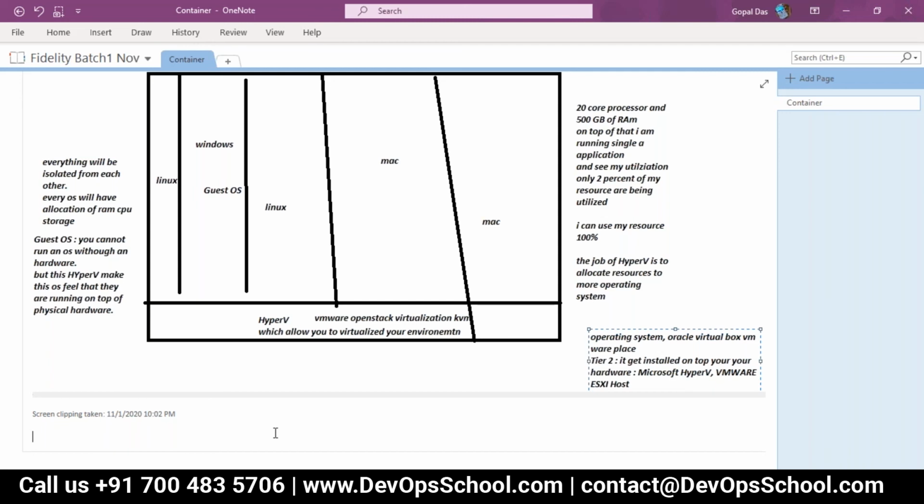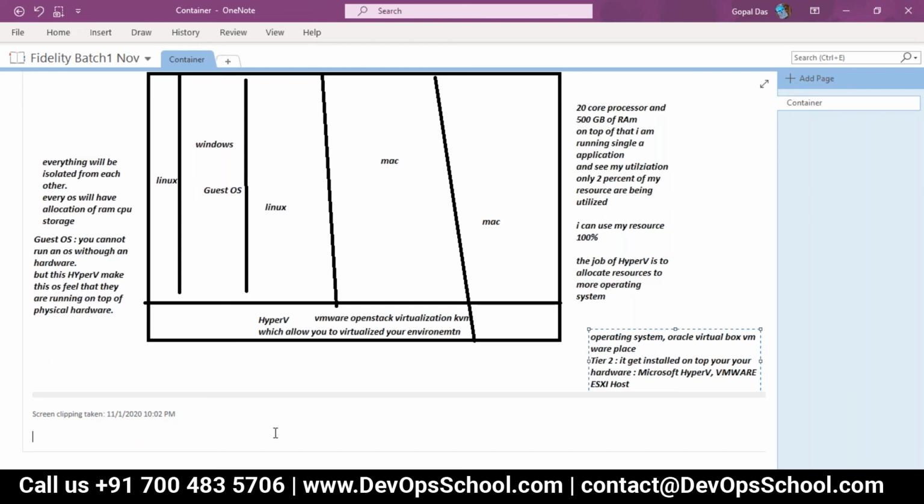The ESXi host, you use it for production purposes. Like in your organization, when you deploy an application, you talk to the operations guy, and they give you a VM that is running on top of a physical server, which has redundant memory, redundant processor, and a redundant network card.